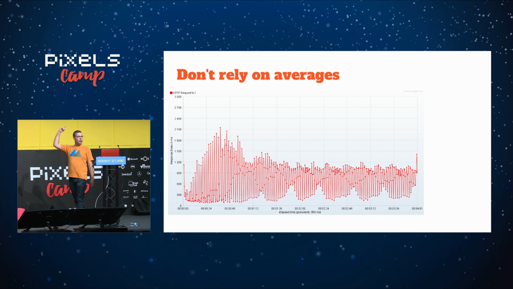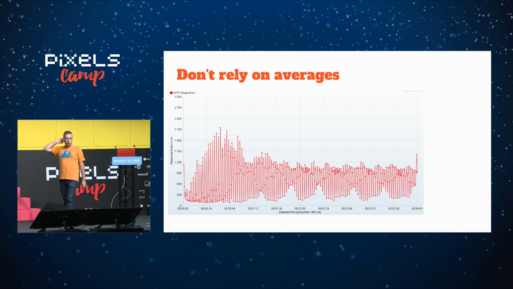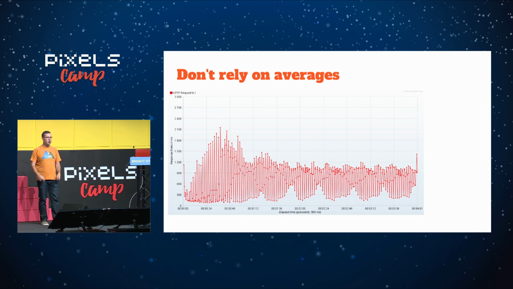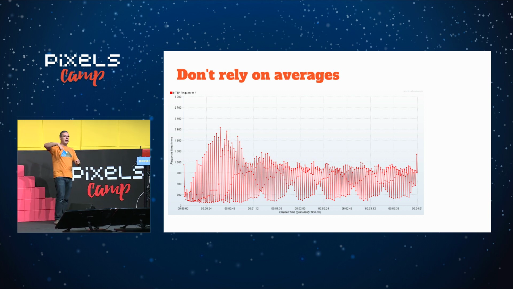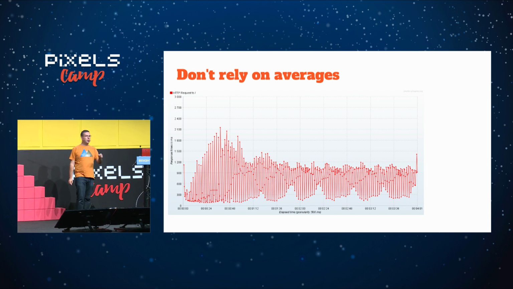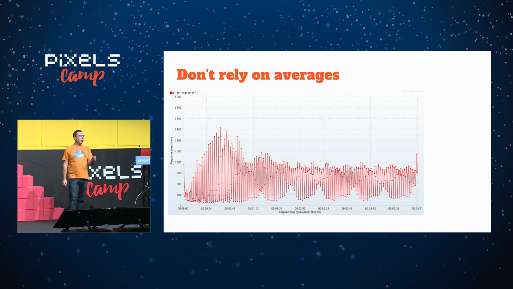This is the actual graph of the response times that was generated by that test. You can see that it's always up and down, up and down, up and down. And it's important to notice that JMeter, as many other tools that analyze load test results, produces these graphics by sampling.